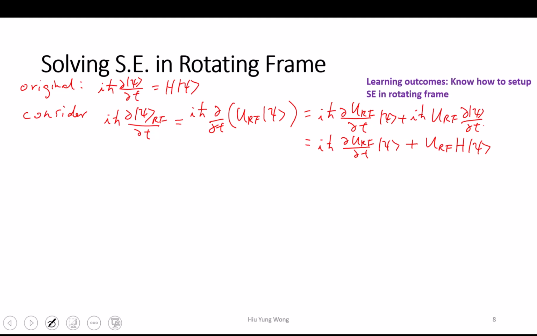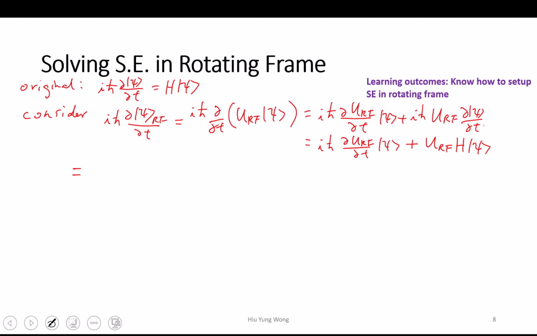And then let's continue, right? I need to keep looking at my cheat sheet. Then continue. I'm going to plug in this psi, right? It's a little bit funny. I keep changing because the goal eventually is psi RF. I know what it will be. So what is this psi? Again, I want to go back from the lab frame to the rotating frame, right?